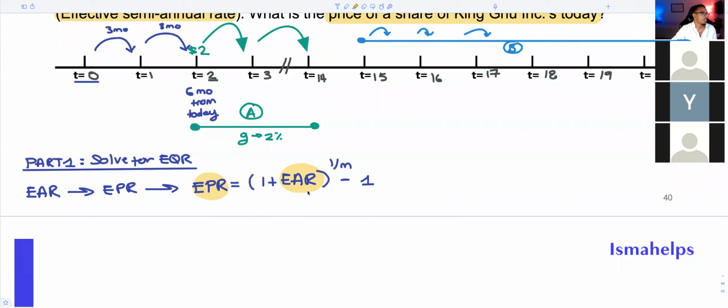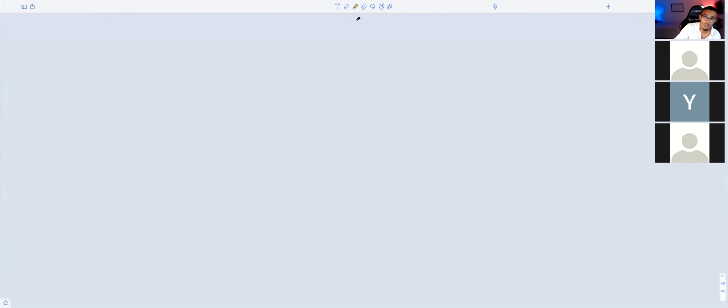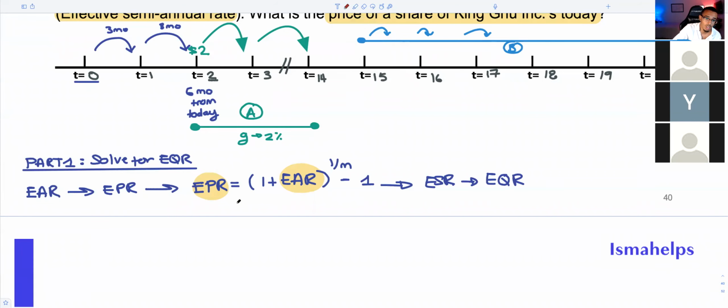So that's pretty interesting. Now if we want to solve for an effective semi-annual rate to an effective quarterly rate, we could use the same approach, where we're moving, once again, highlighting this in red, from one effective rate to another.